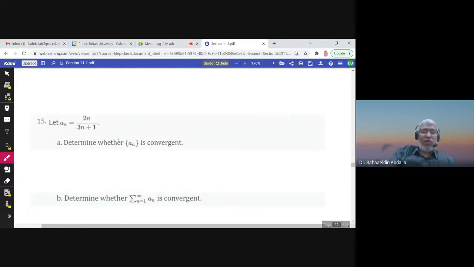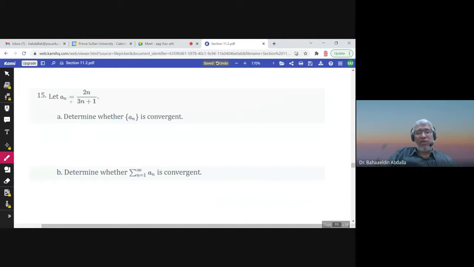Let us look at this example. This is a sequence an. Determine whether the sequence is convergent or not. This is section 11.1. The sequence would be convergent if the limit of an when n approaches infinity is a number.